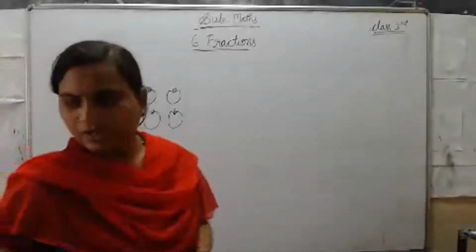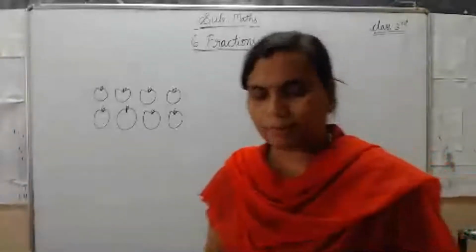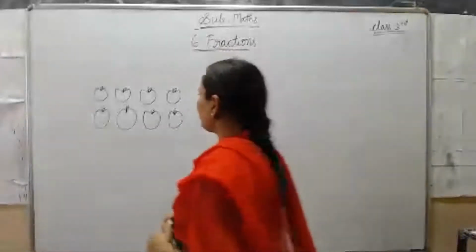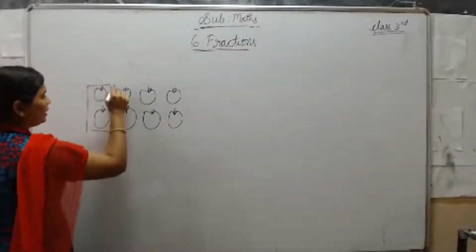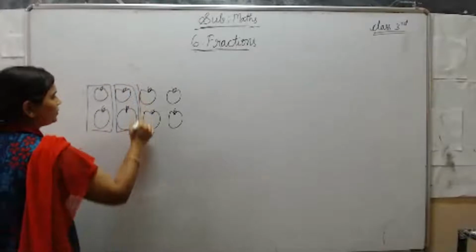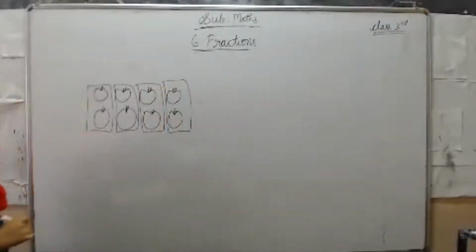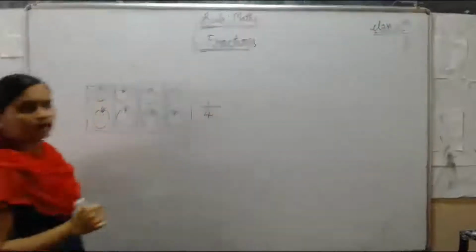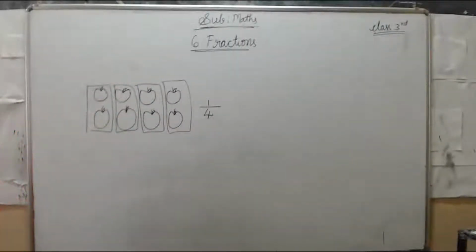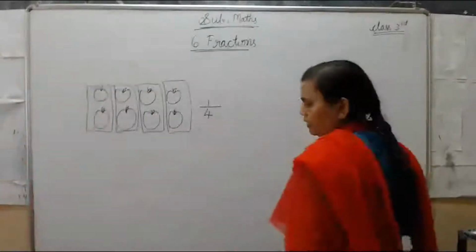Let's divide these apples in 4 equal parts. How can you divide it? 4 equal parts. This is 1 and 2, 3, 4. Yes, we are dividing these in 4 equal parts. This is 1 by 4. Yes, 4 equal parts means it's 1 by 4.